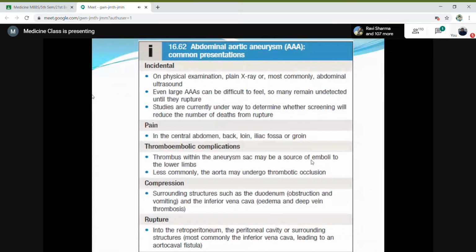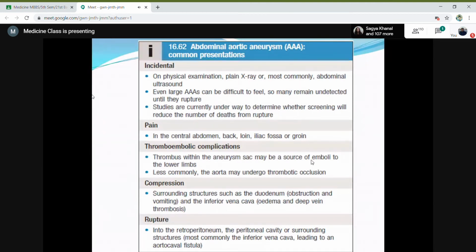Similarly, as in cases of thoracic aortic aneurysm, there can be some features because of compression of surrounding structures. If there is compression of the duodenum, there can be obstruction and vomiting, and the patient may present with features of intestinal obstruction.